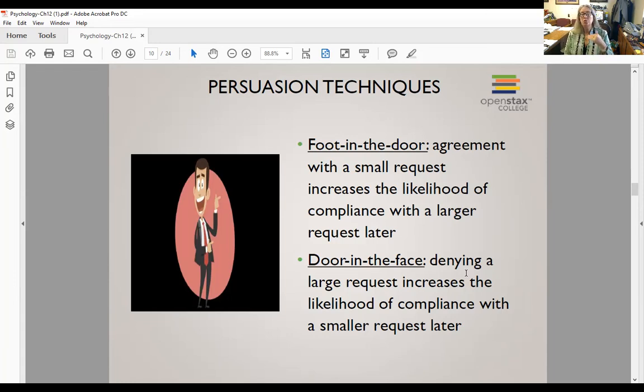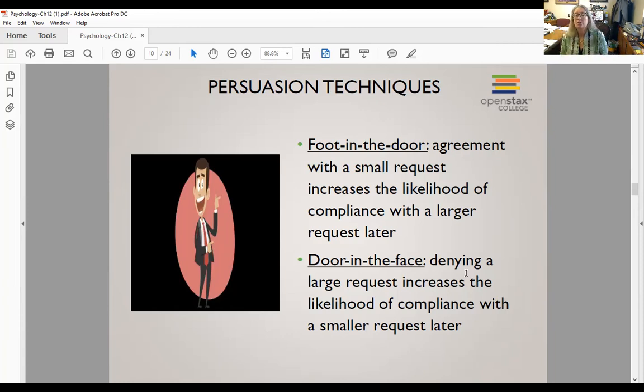When we use door in the face, the underlying thing going on is called the norm of reciprocity. This is the norm that we have that we reciprocate things. So when I ask you a big thing and you say no, and then I reduce what I'm asking for, I expect you to reciprocate by being willing to do more.